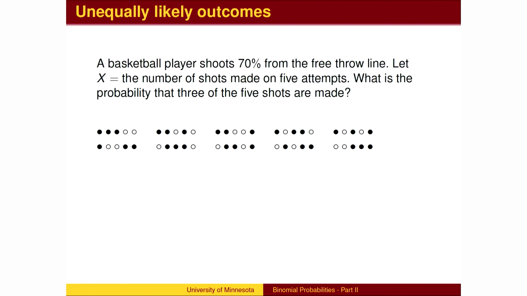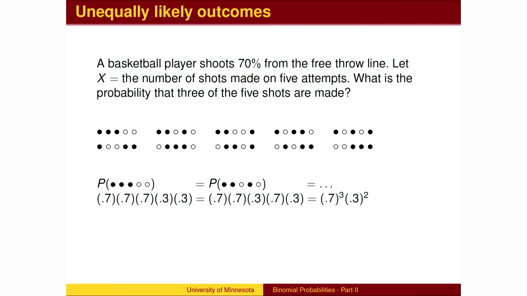Now let's shoot 5 free throws and find the probability that 3 are made. From Pascal's triangle, there are 10 possible strings of 3 made and 2 missed free throws. The probability of any such string is 0.7 to the third power times 0.3 squared.